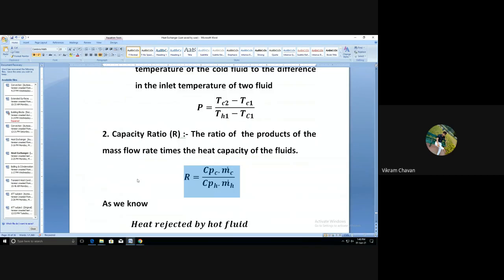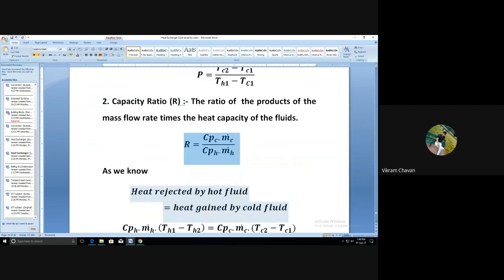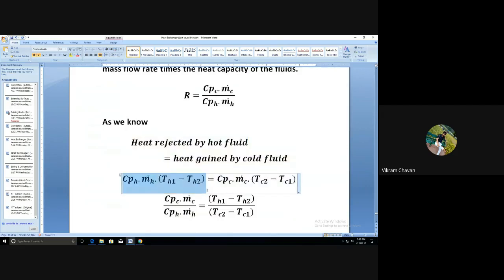As we know that heat rejected by the hot fluid is equal to heat gained by the cold fluid. Then we can write heat rejected as Cph multiplied by m dot H multiplied by Th1 minus Th2, and heat gained by the cold fluid as Cpc multiplied by m dot C multiplied by Tc2 minus Tc1.